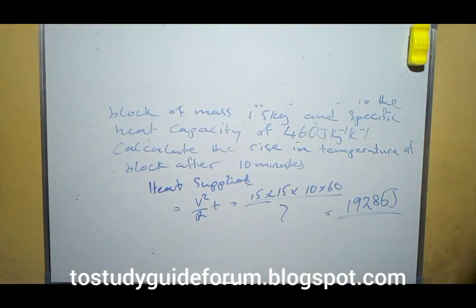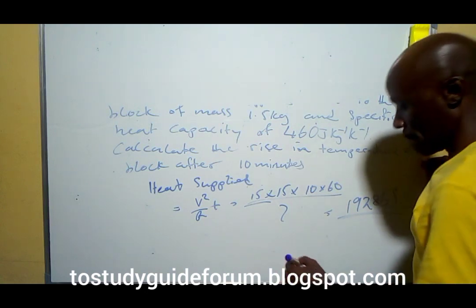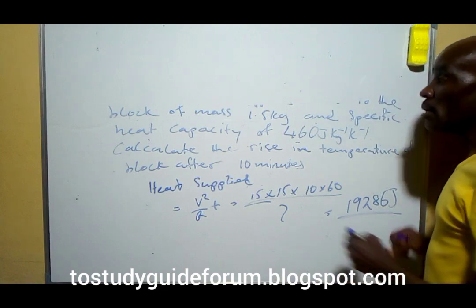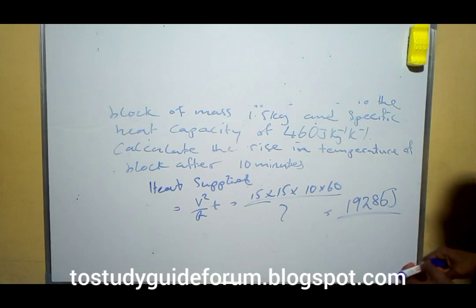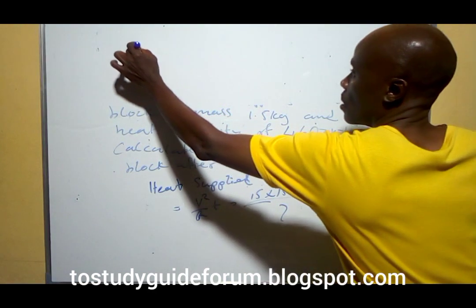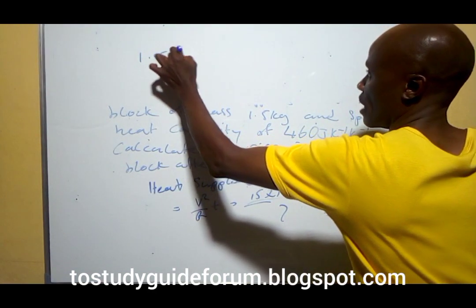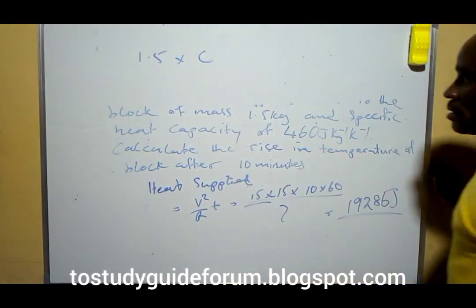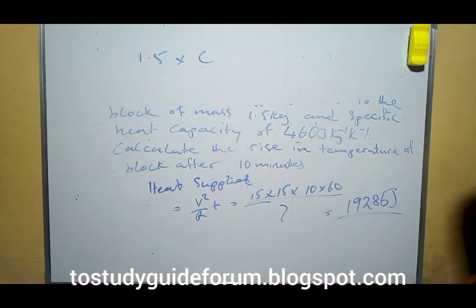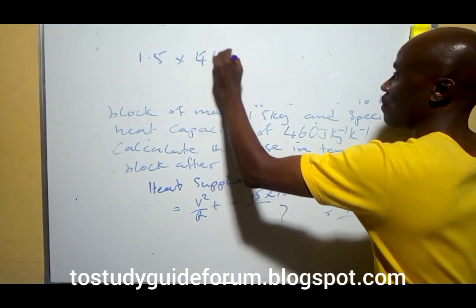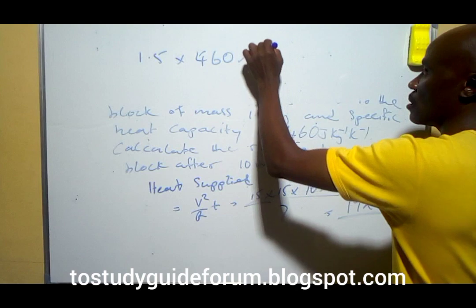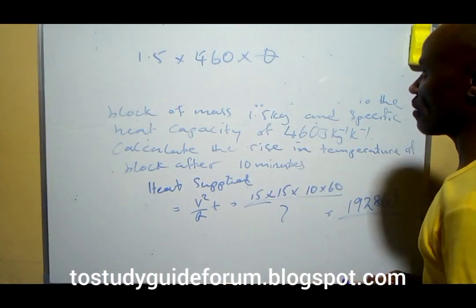The same heat is the heat gained by the metal. So the heat gained by the metal, the one we are looking for, we have the mass, which is 1.5, times the specific heat capacity, which you have there, times the temperature rise, which we don't have.